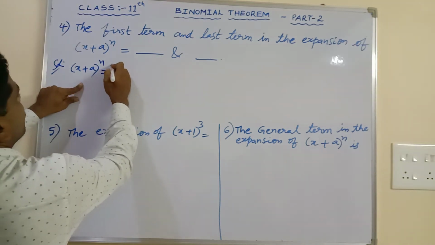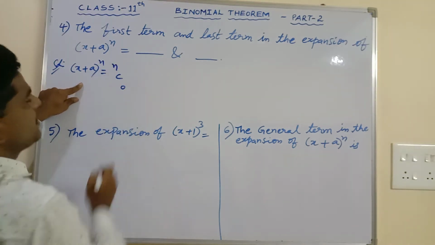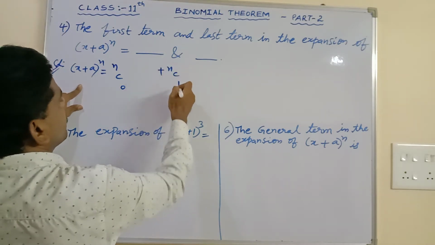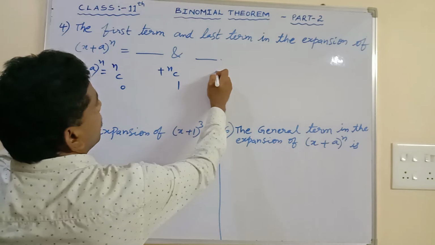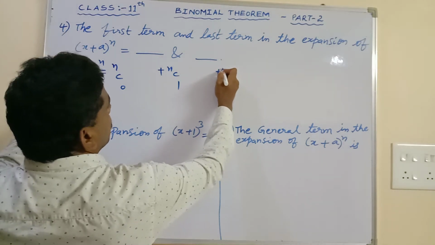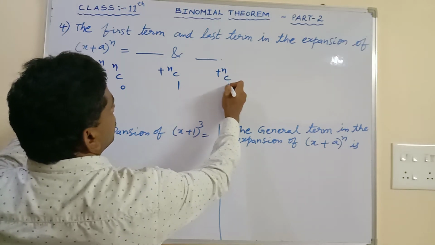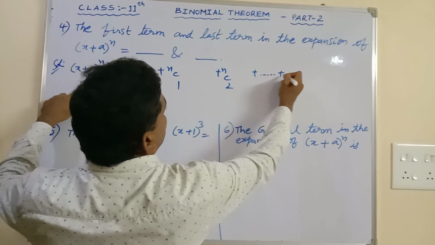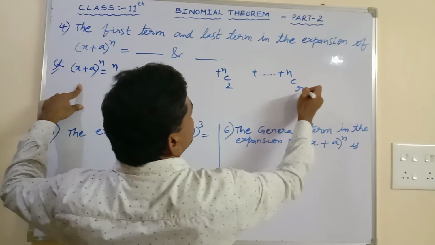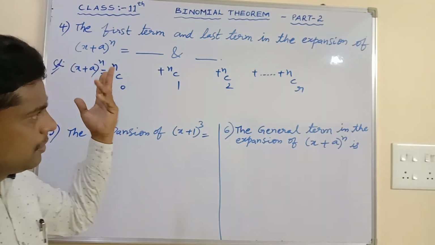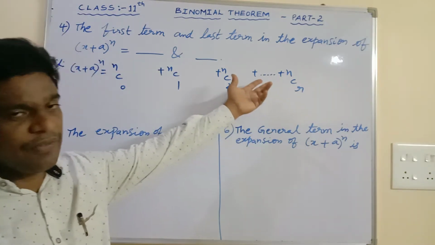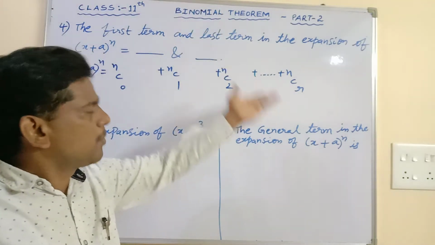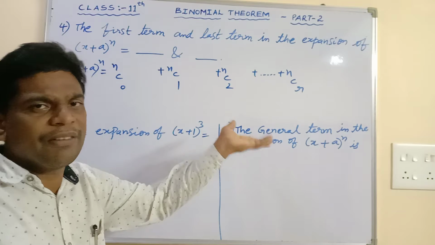So, in the expansion, first you start from nC0 plus nC1 plus nC2, so plus and so on, plus nCr. R means number of terms n plus 1 are there. So r also, suppose 10th or 11th or 12th, whatever it may be.